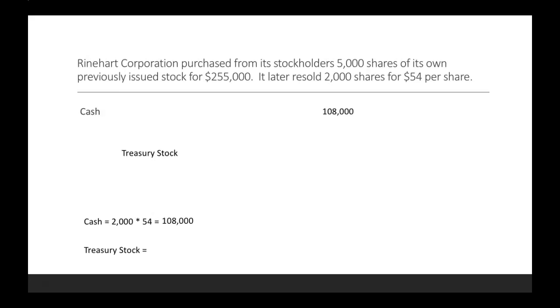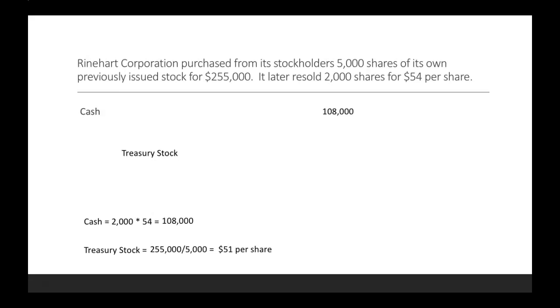Now, treasury stock. We are going to need to figure out the price that we paid when we first purchased this treasury stock. So we take the total amount that we paid, that $255,000, divide it by the number of shares that we purchased, the 5,000, and we see that we paid $51 per share.